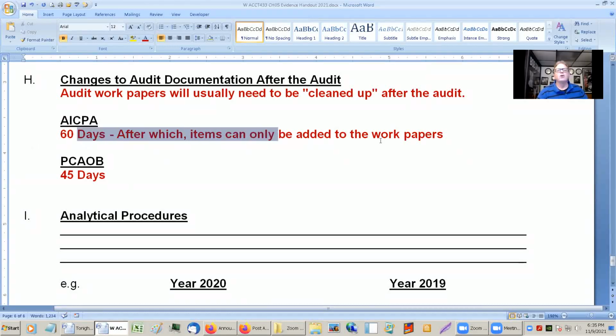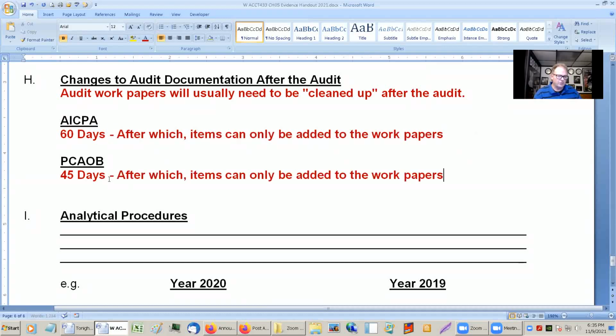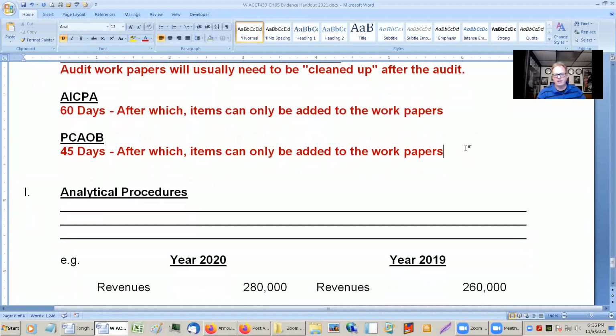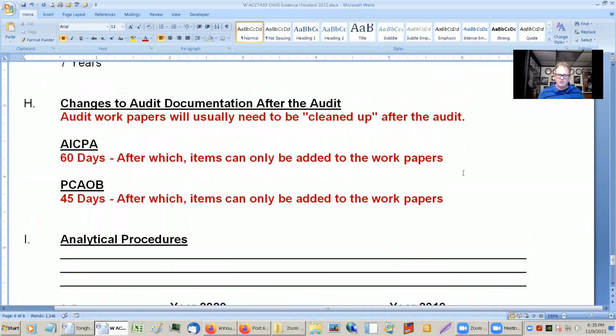Once this time frame has gone, for both of them, you can no longer take things out of the work papers. So 60 days for the AICPA, and if it's a public traded company, 45 days for the PCAOB. You can add things to the file, you cannot take them away.